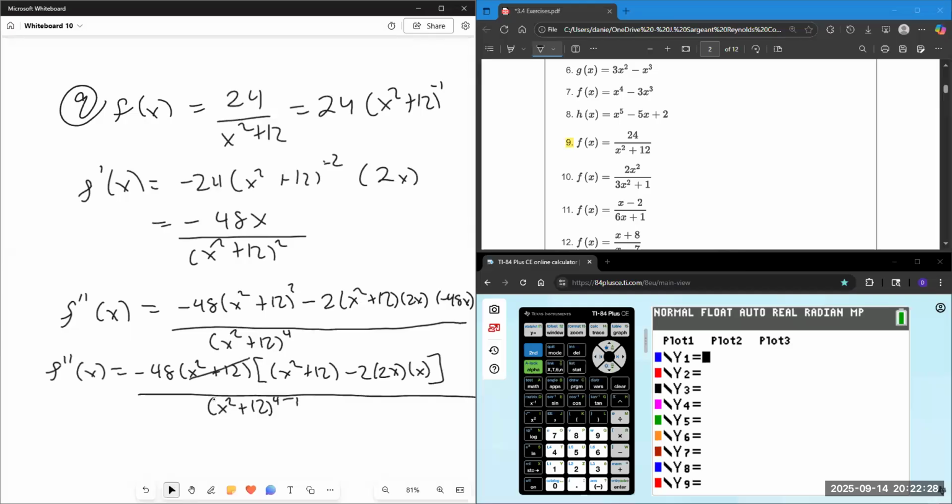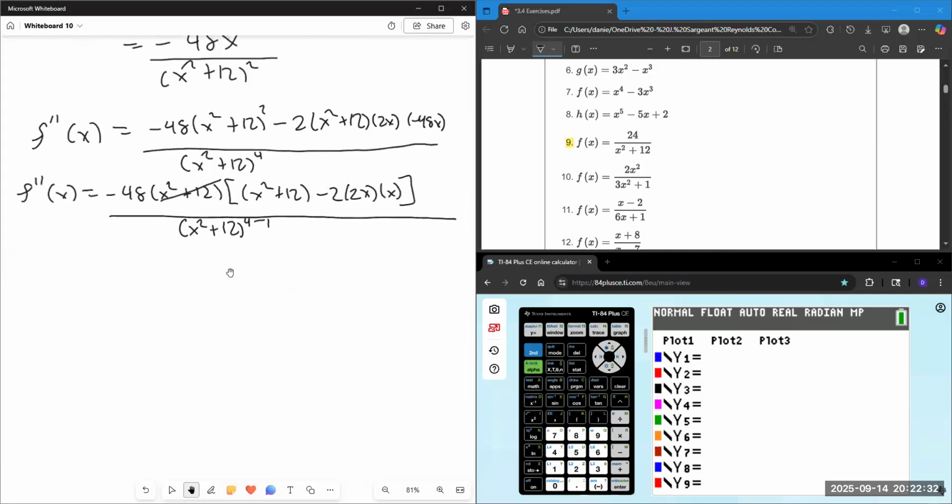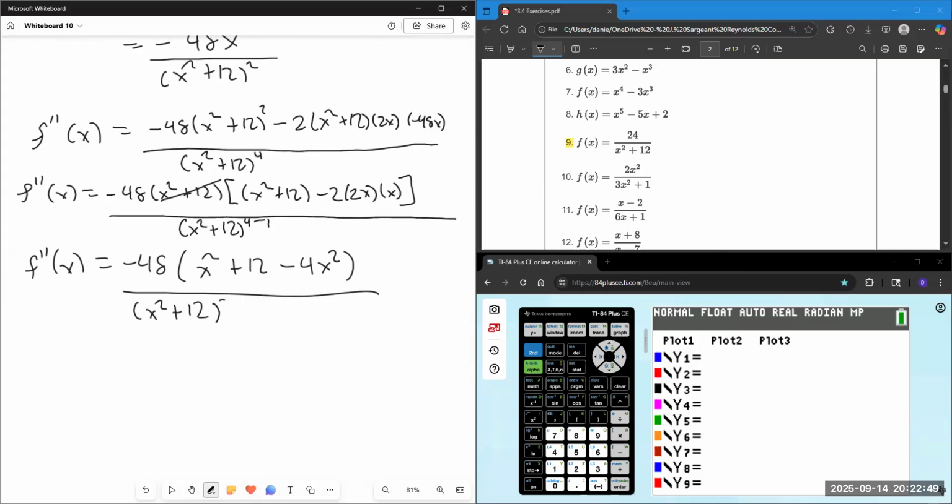When I divide that out, it gives me an exponent of 3 in the denominator. F double prime of x is equal to negative 48 times x squared plus 12 minus 4x squared over x squared plus 12 to the third.